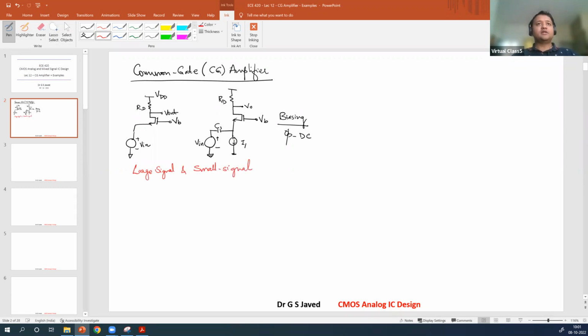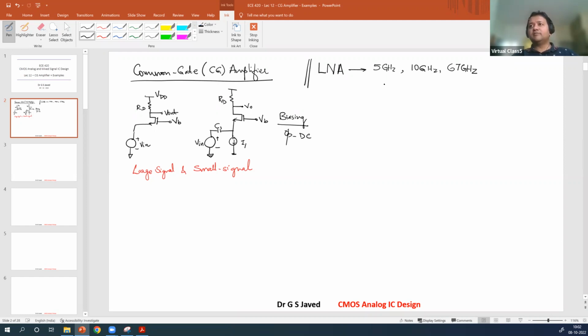We will be using common gate amplifiers in many applications, and one of the most common applications you would see is the low noise amplifier. When you're designing the circuit, say at 5 gigahertz, or at say 10 gigahertz, or more commonly when you're looking at the terahertz domains, where you have the 67 gigahertz automotive radar spec, you will see a lot of these designs commonly using the common gate amplifier.